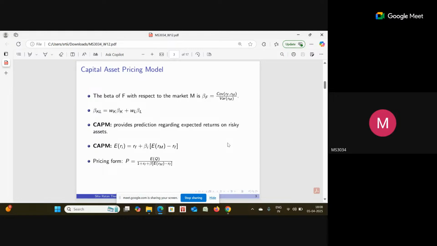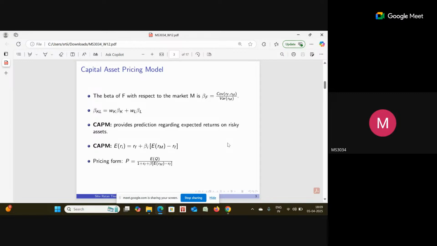And beta is linearly additive. What this means is, let's suppose a particular firm consists of two different divisions, say K and L. Okay, and these two divisions have different betas, and the company has a measure of how much wealth is invested in division K and how much is invested in division L. Then by taking the weighted average of the betas of both divisions, you can come up with the overall firm's beta.